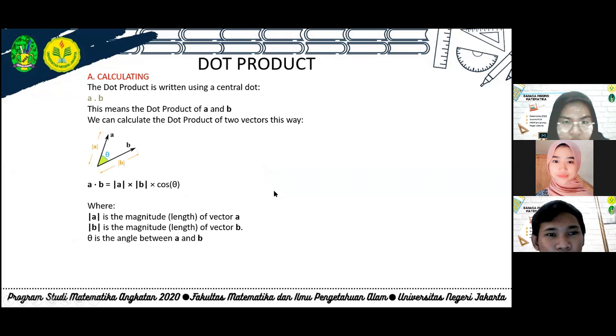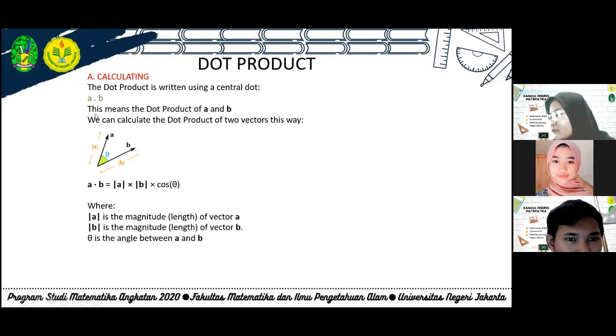Next is dot product. The dot product is written using a central dot. It is read as A dot B, or the dot product of A and B. We can calculate the dot product of two vectors this way.